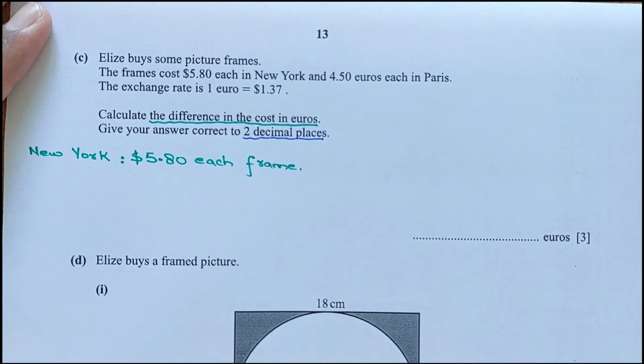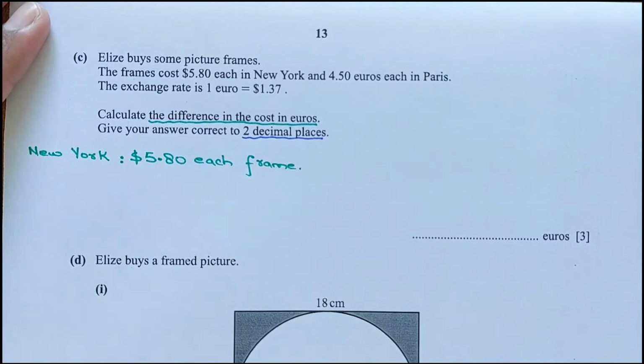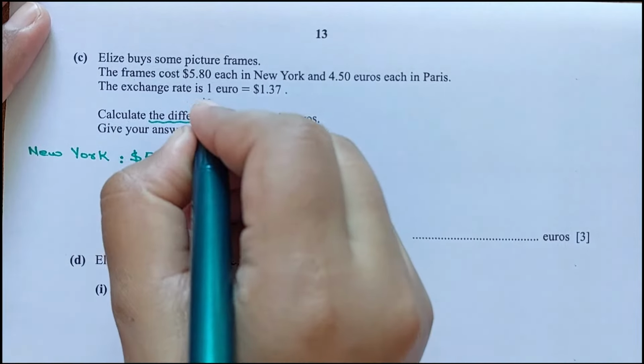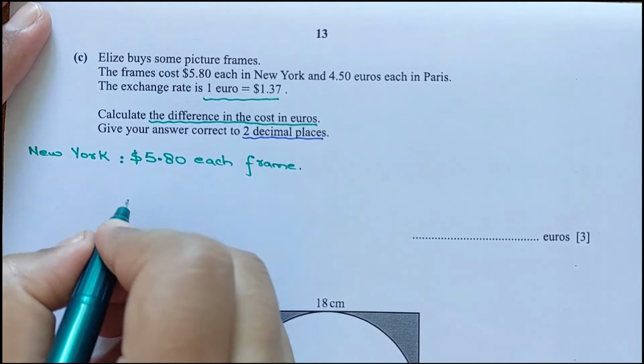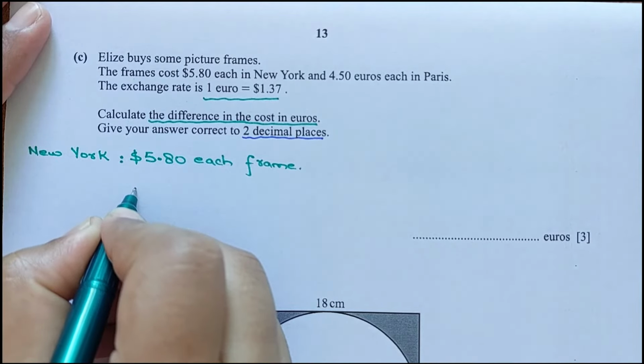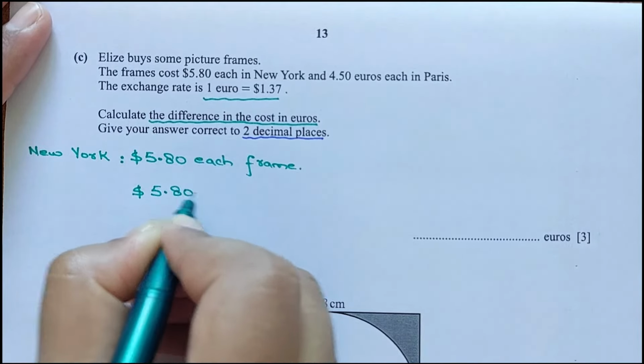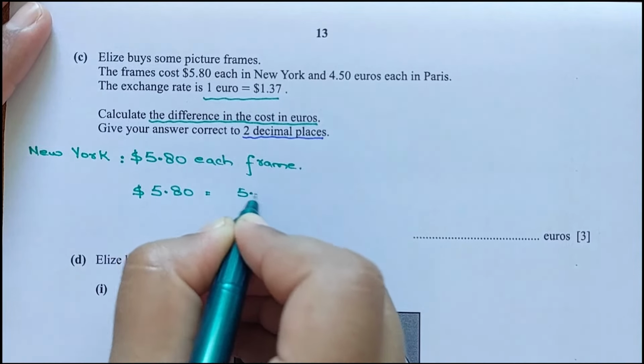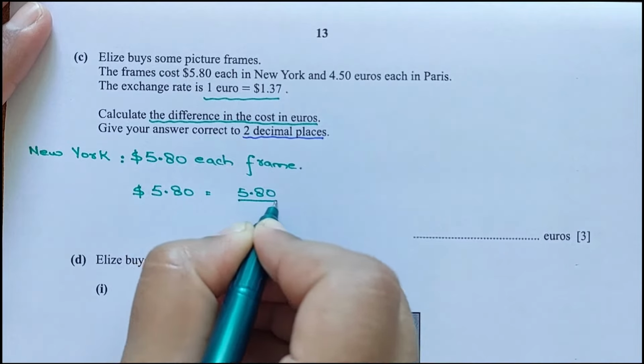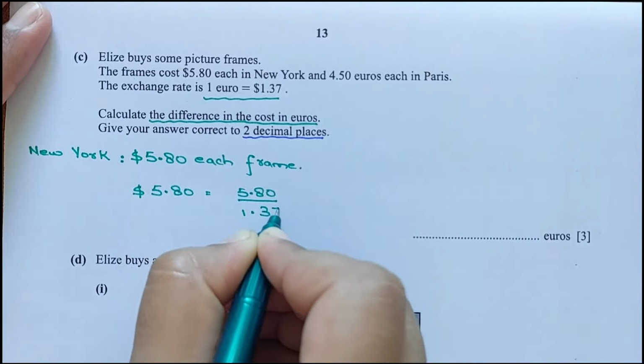So let me convert it into euros, using the exchange rate. So we can say $5.80 is going to be 5.80 divided by 1.37 euros.